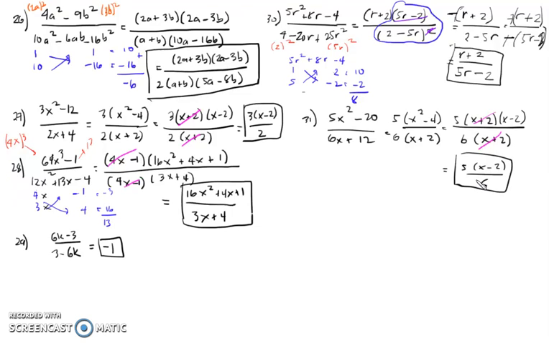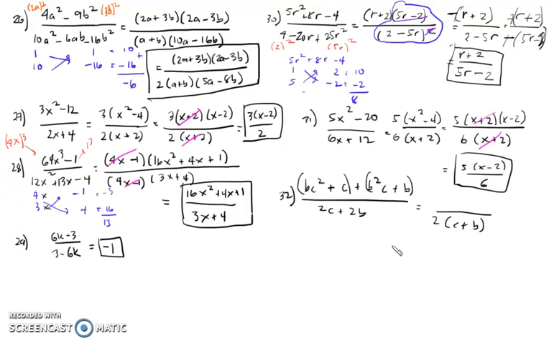Then for number 32, continue with number 32. We have bc squared plus c plus b squared, c plus b all over 2c plus 2b. First I'm going to factor the denominator since common factor is 2, that gives me c plus b. And this one, I'm going to factor by grouping. Common is c, factor out bc plus 1, then plus common is b, that gives me b plus 1.